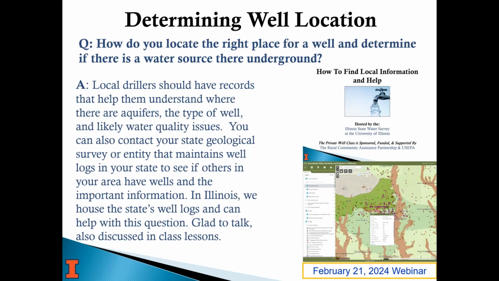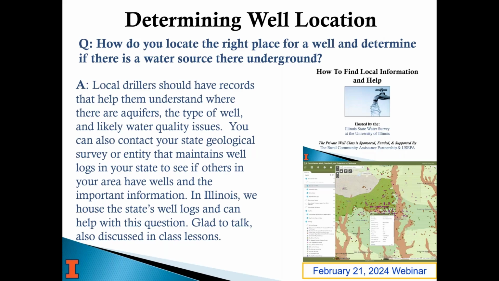I know our state Environmental Protection Agency, which regulates all our public water supplies, has a site that's a GIS map layer thing where you can pull up all kinds of different information and zoom into your area. It's pretty cool. And so, yeah, you can find out even if there are other wells nearby.